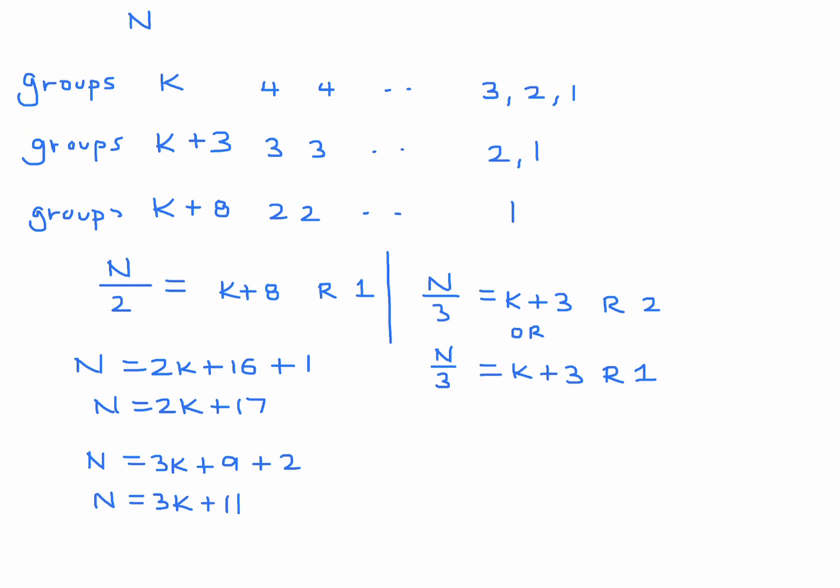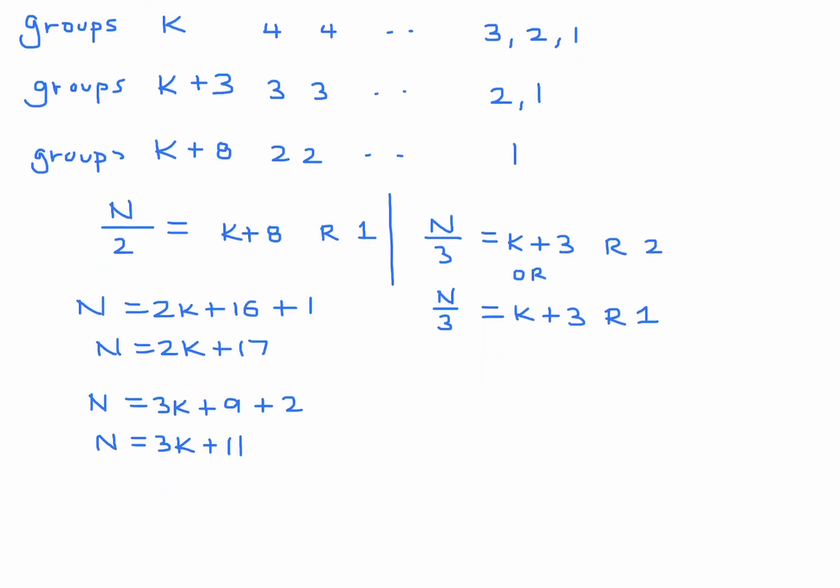All right. So this and this can be equated since they're both equal to n. And you get 2k plus 17 is equal to 3k plus 11. And therefore k is equal to 6. If k is equal to 6, substitute it back into here to get the value for n.